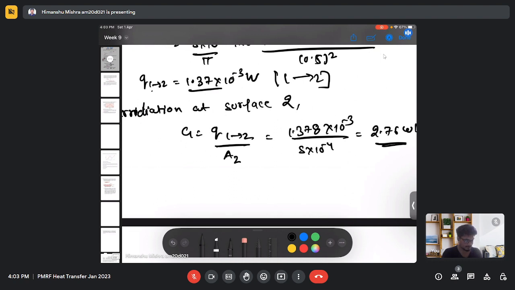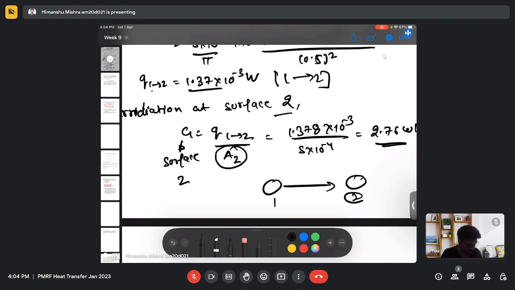So irradiation at surface 2 will have the area of surface 2, because this is the irradiation at surface 2. So whatever the surface 1 will emit, it will be received by surface 2. So this total received is actually the irradiation, divided by A2.